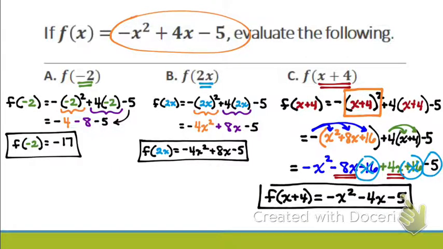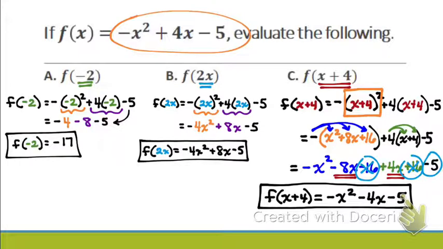We just composed functions together. We took an expression, x plus 4, we put it in the place of the x in another function, and then we evaluated that and we came up with a whole new, brand new third function. Interesting to note, what's the only difference between the original function and what we got after composing?